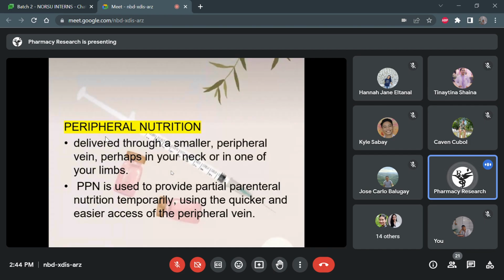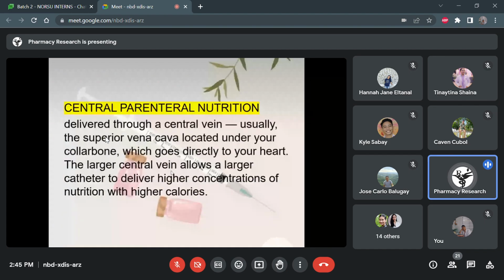It is used to provide partial parenteral nutrition temporarily, using the quicker and easier access of the peripheral vein. So PPN is temporary. CPN, central parenteral nutrition, is given through a central vein, usually the superior vena cava, located under your collarbone.